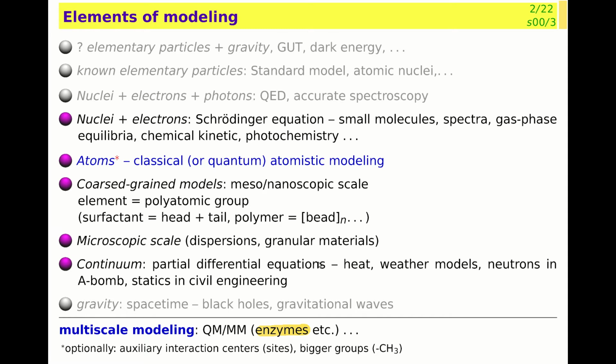There are chemical reactions going on at this center, so we need the Schrödinger equation, quantum chemistry, to describe this active center of the enzyme. But we are able to treat at this level only the center and a small neighborhood. Otherwise, all these calculations would be inaccurate and very demanding, time-consuming.